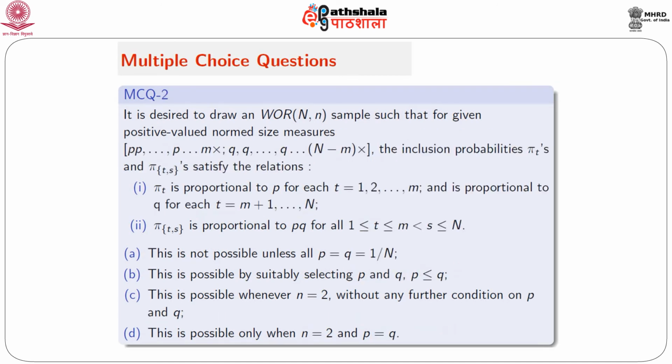It is desired to draw without replacement capital N small n sample such that for given positive valued norm size measures P, etc. m times, and Q, n minus m times. For m units it is P, and for n minus m remaining units it is Q. So the norm size measures are in two groups, P all the time for some of them and Q for the rest.